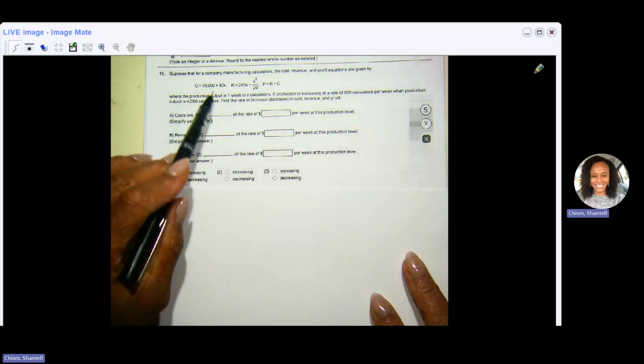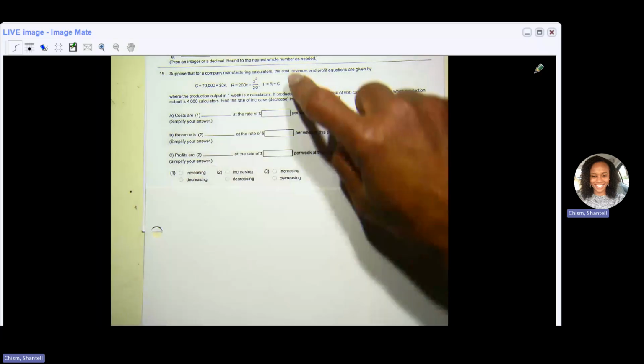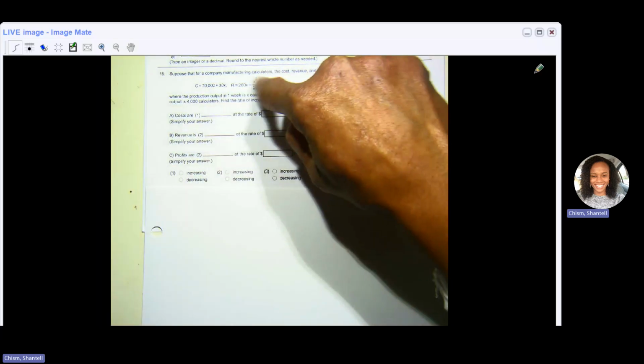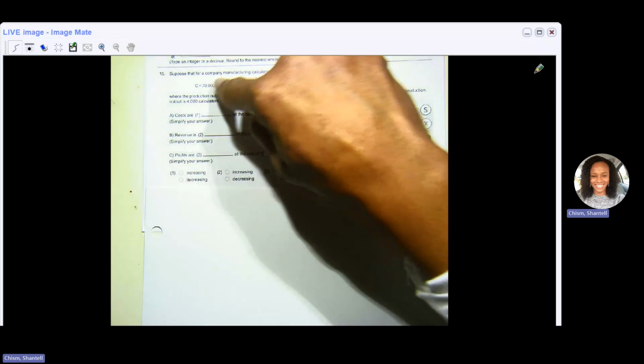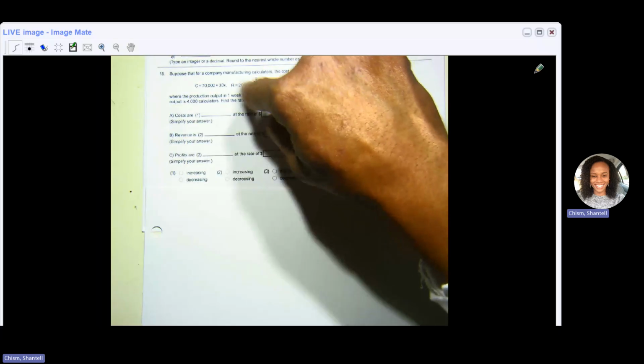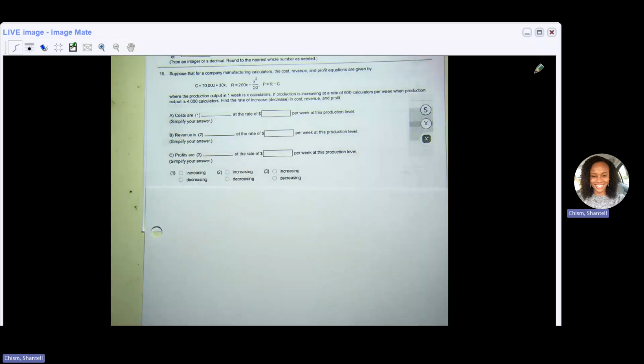It says, suppose that, and this is a good thing, you actually are given the equations here. It says, suppose that for a company manufacturing calculators, the cost, revenue, and profit equations are given by. So we got cost, we got revenue, and then we're told that profit is revenue minus cost. So even though it's not provided, we can easily determine that equation by actually setting this up, R minus C. And this is where the production output in 1 week is X calculators, okay?